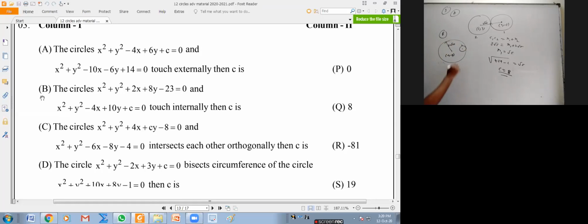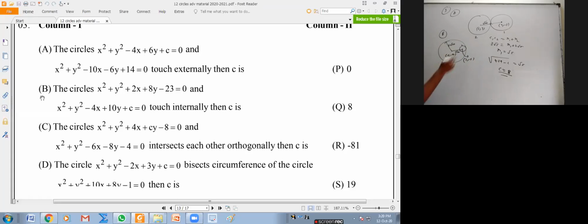Second circle is 2 comma -5 center. What is the distance between the centers? Distance between the centers is root 10. Okay.